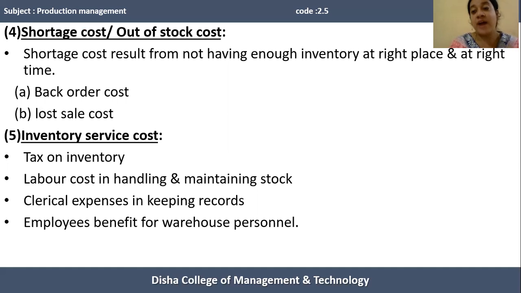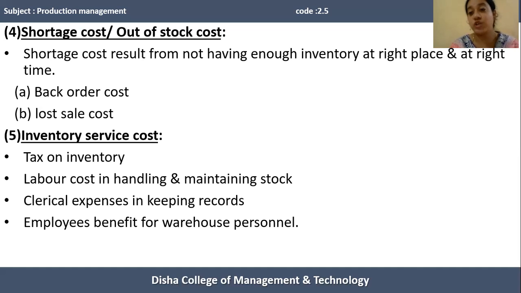Means if the firm doesn't have enough inventory in its warehouses, then the firm incurs certain cost. If the firm doesn't have enough inventory, and if the firm gets sudden high demand, then for meeting the demand, the firm is required to procure various items wherever they are available, or at whatever price they are available.